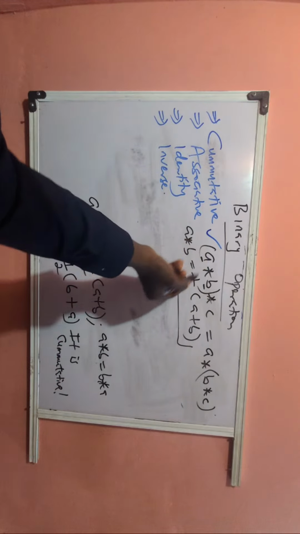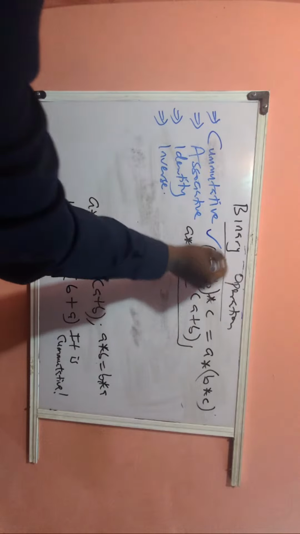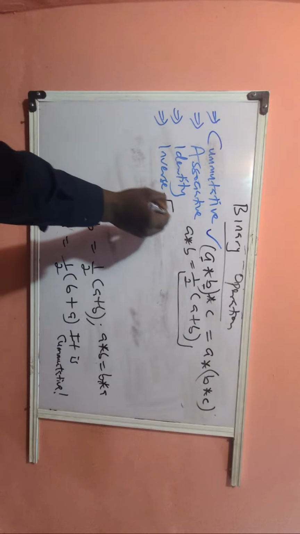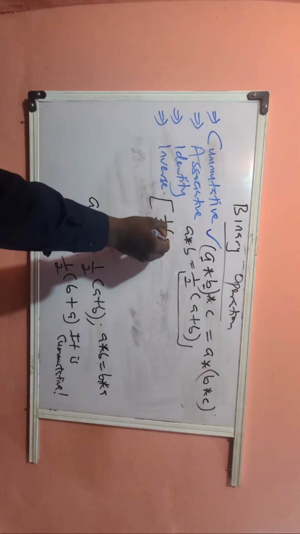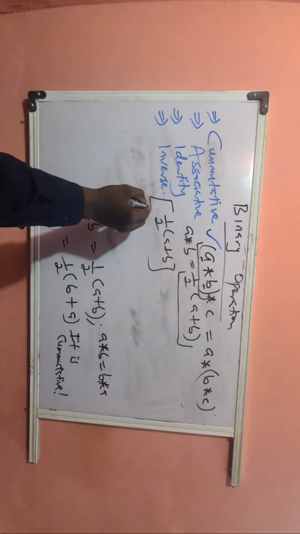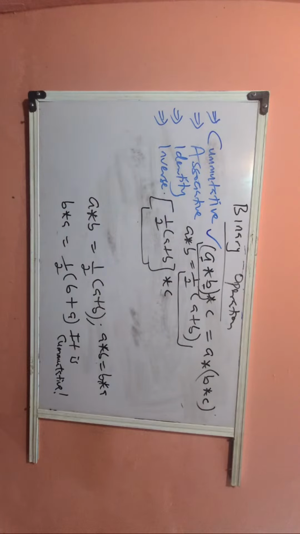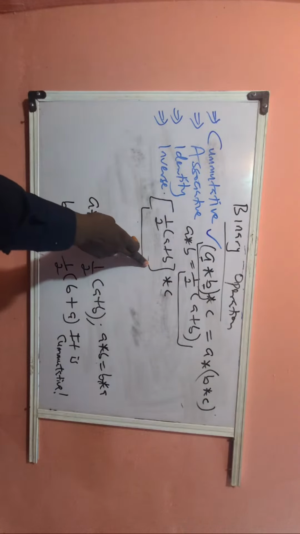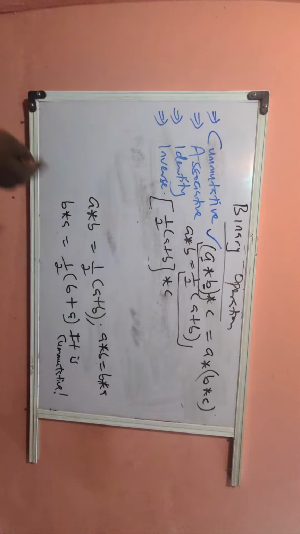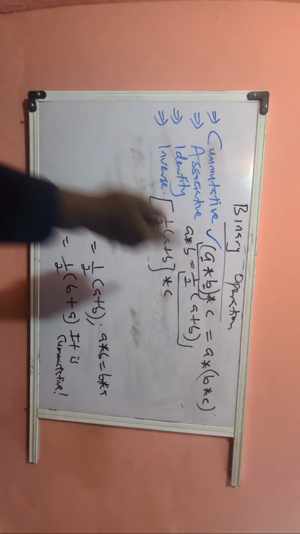And luckily enough, it was the same alphabet. So A star B is this. So to investigate this left-hand side, we can write it as 1/2 (A plus B). This is A star B. Then we can have star C, because we want to resolve this whole left-hand side.